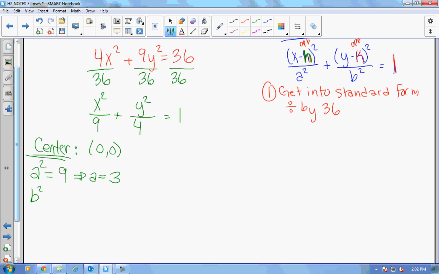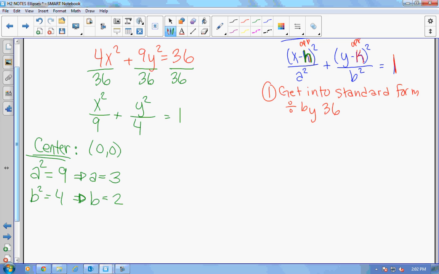Okay? What about B squared? B squared is 4. Okay? And if you're wondering where we're getting them from, A squared is the first denominator, B squared is the second denominator. Okay? Fatima, if B squared is 4, what is just B? Good. 2.